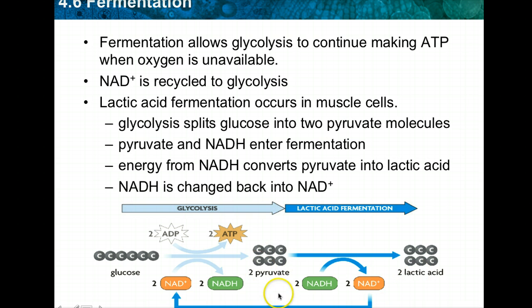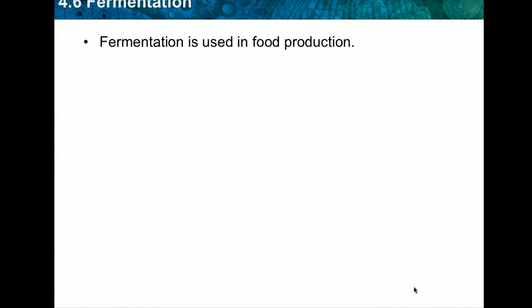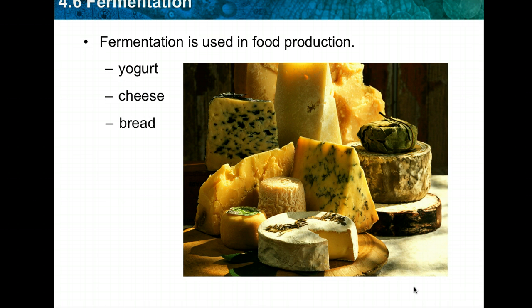So the reactants are NADH and pyruvic acid, and the products are lactic acid and NAD. As I mentioned earlier, it's used in food production, which is why your book goes on to talk about yogurt, cheese, bread, and alcoholic beverages.